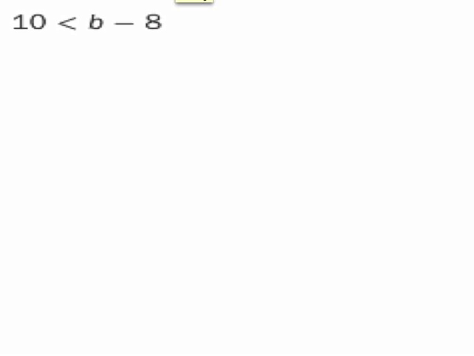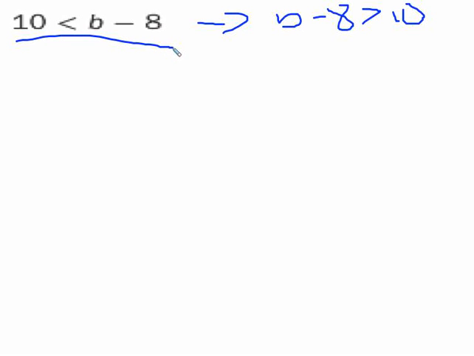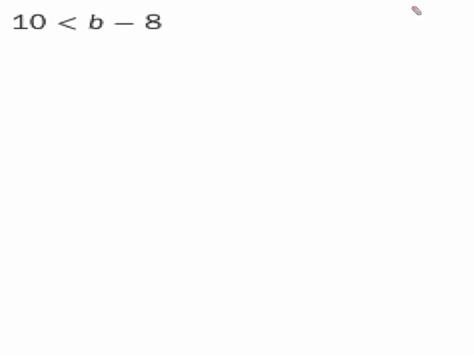Now, yesterday, this inequality would have been written as b minus 8 is greater than 10. There's nothing to stop us from getting a problem like this and rewriting it like this. However, let's talk about what to do if we decide to solve it in the form that it is already written in.